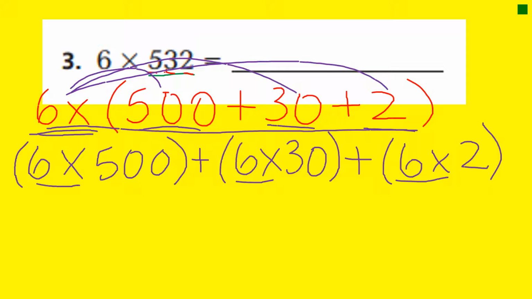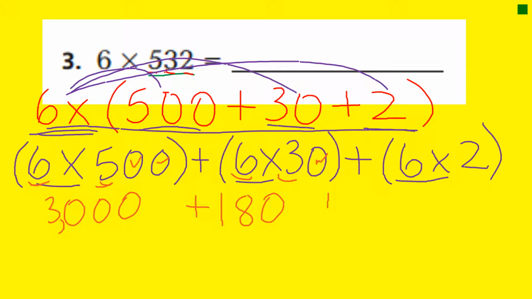All right. Best thinking brains here. 6 times 5 is 30. So 6 times 500 is 3,000, plus 6 times 3 is 18, plus a 0, 0. 6 times 30 is 180. 6 times 2, yay, 12.